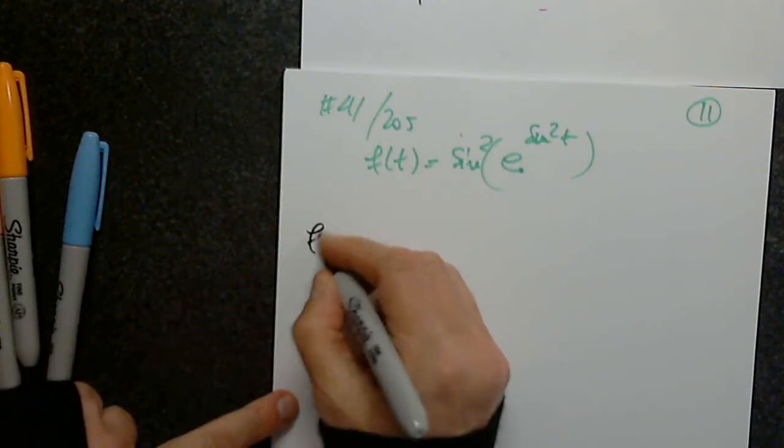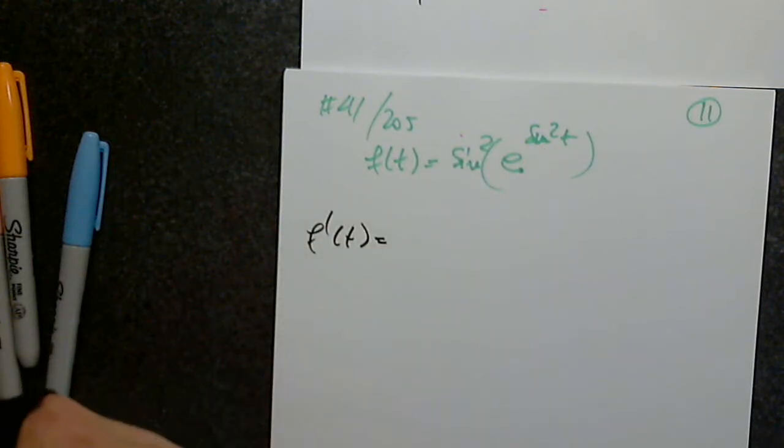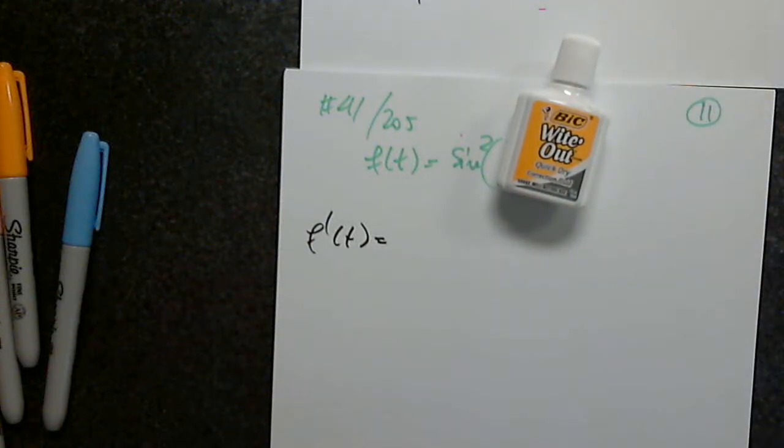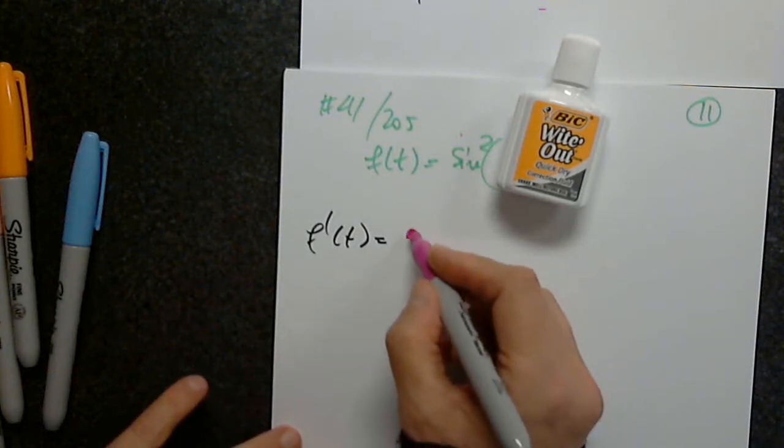Okay, f prime. So remember, what I'd like to tell my students is to do this. So let's differentiate sine squared of whatever. I don't care what it is. Sine squared. I bring the power down.